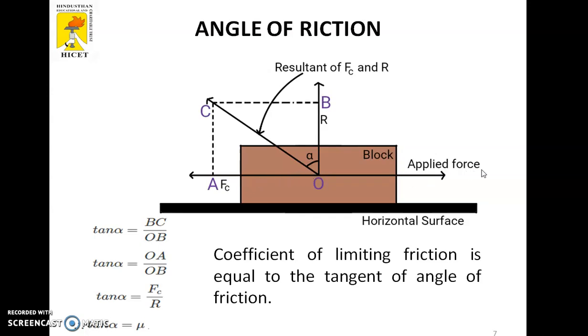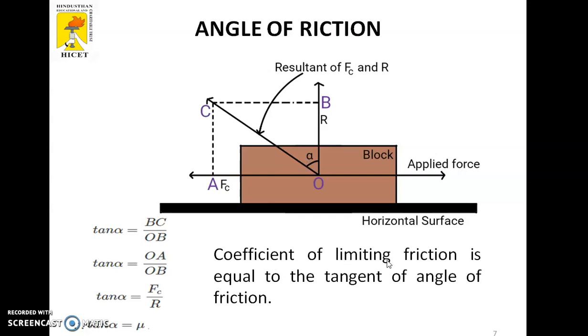The applied force is given in this direction, so the frictional force is in the opposite direction. You have to take the resolution by using the parallelogram law. Consider this part divided into two triangles. You have to calculate this alpha. This alpha is the angle of friction.